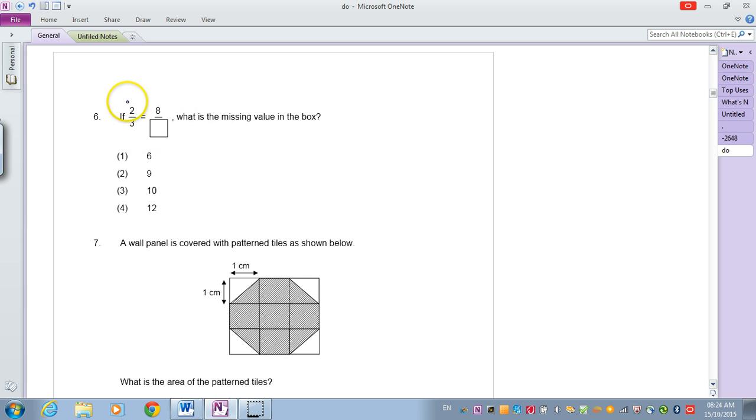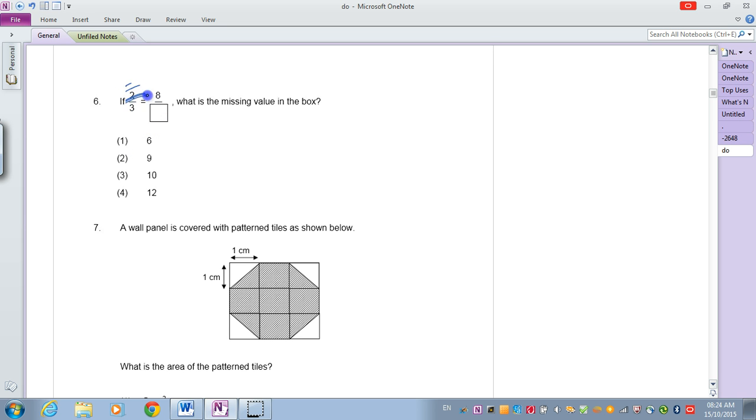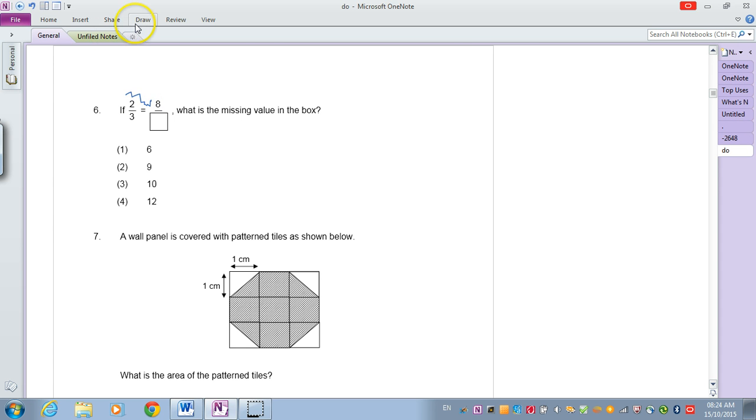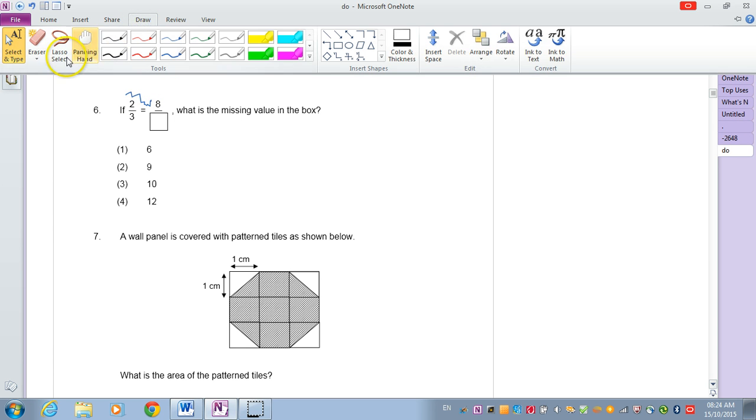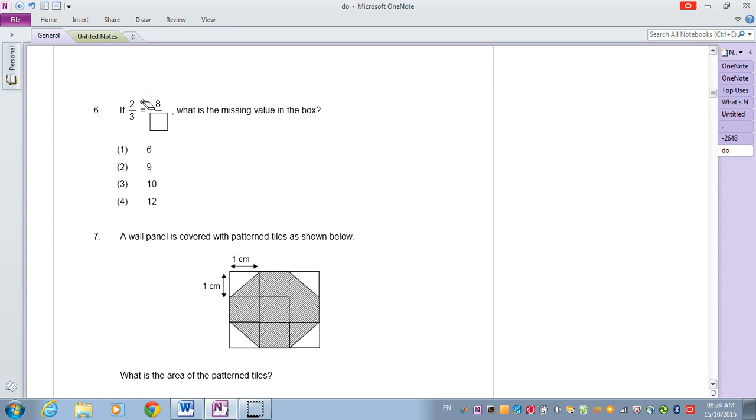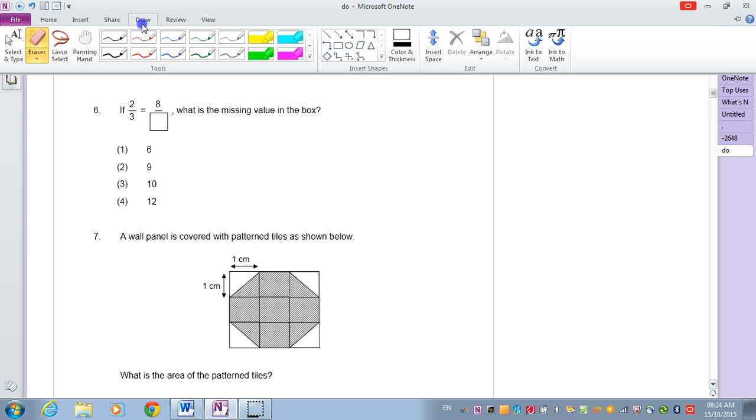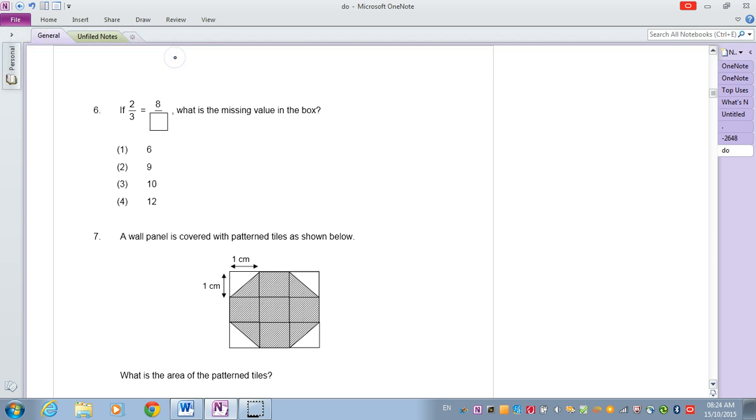So first of all, let's look at the numerator. You have to know how the numerators are related. So how is the numerator 2 related to 8? We know that 2 times 4 gives us 8.